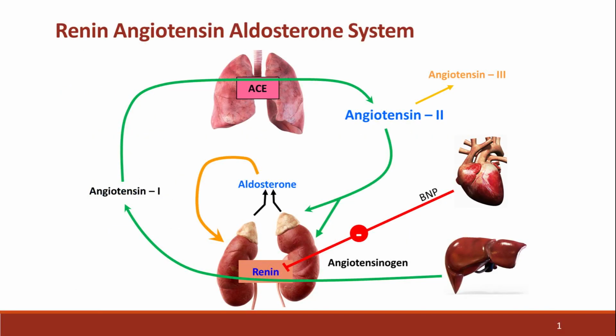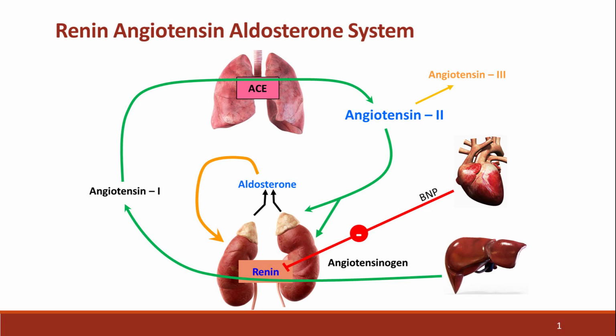Here we can see the central role of the renin-angiotensin-aldosterone system in regulating blood pressure and fluid balance. This system is responsible for many long-term complications seen secondary to systemic hypertension. No wonder this system becomes our main focus for effective antihypertensive therapy. As you can see, the liver produces angiotensinogen, which is converted by renin to angiotensin 1.